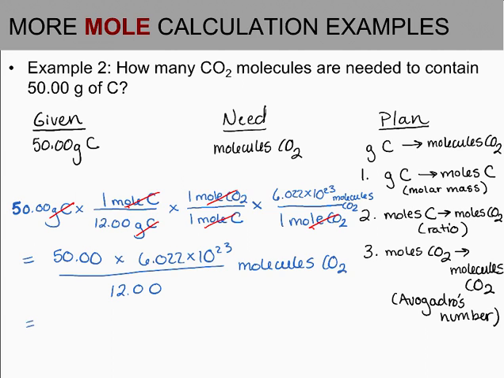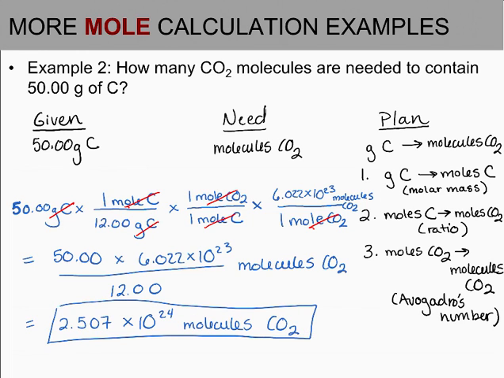If we plug all of this into a calculator, the final answer should be 2.507 times 10 to the 24th molecules of CO2. We did end up with a pretty large number of molecules, which is what we expect because there are a lot of molecules within a sample.